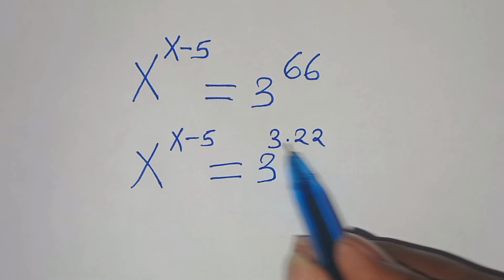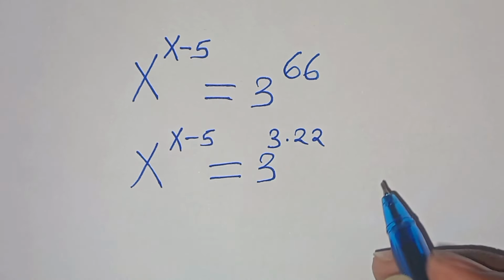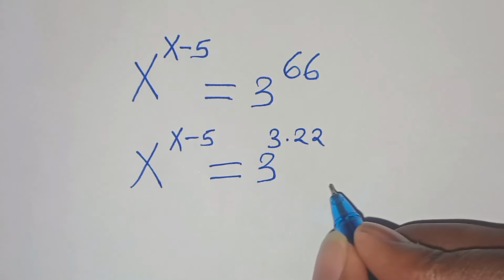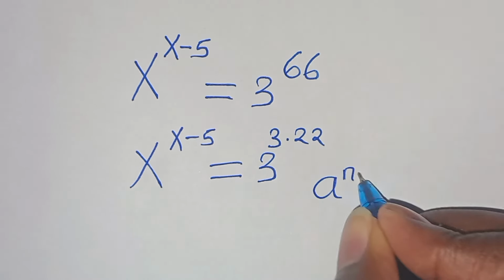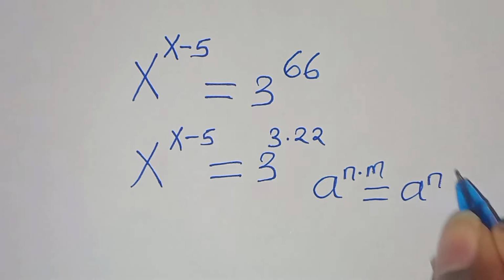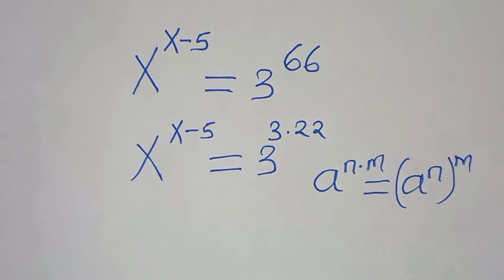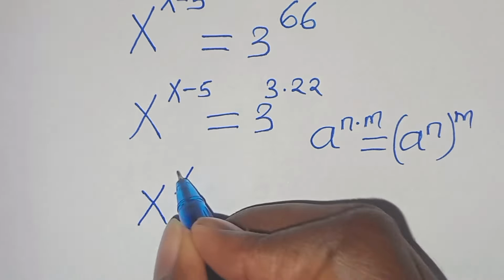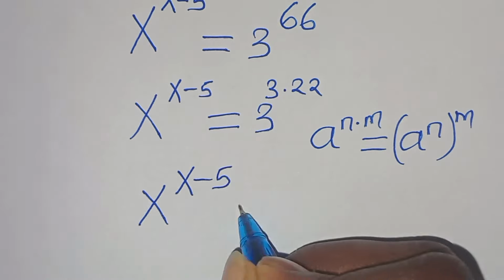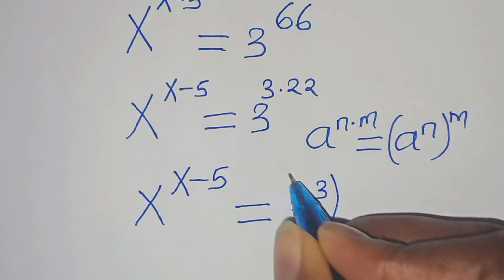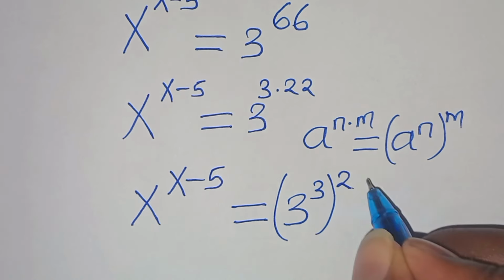If we say 3 times 22, this is the same thing as 66. And 3 to the power of 3 multiplied by 22 is in the form of a to the power of n multiplied by m, which we can express as a to the power of n raised to the power of m. So here we have x to the power of x minus 5 equal to 3 to the power of 3, then raised to the power of 22.